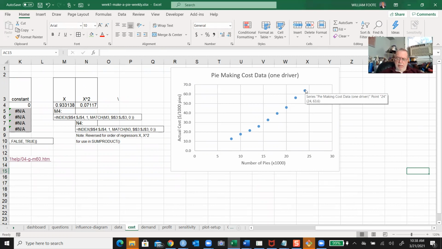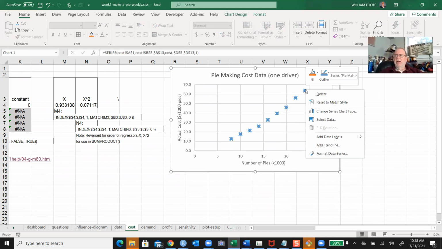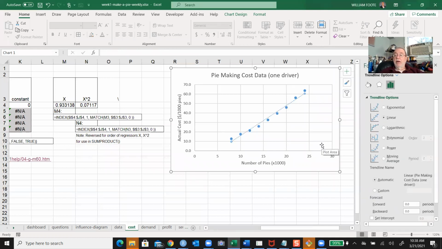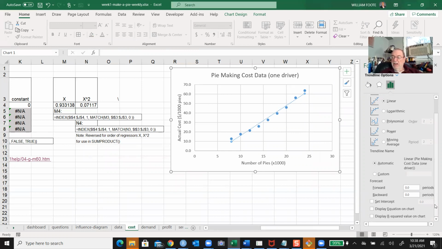If we experiment with it by right-clicking one of those blue scatter dots, and this is a scatter plot, and we say add a trend line, it automatically tries to put in a linear trend line, which looks pretty good, by the way. And with that linear trend line, if we move down here in the dialog box, we can display the equation and display something called R squared, which tells us the percent of deviation.